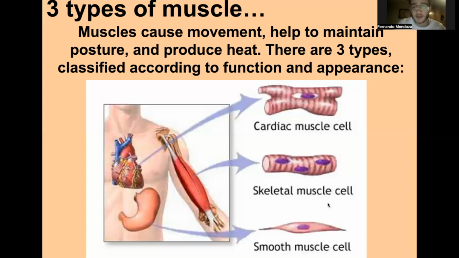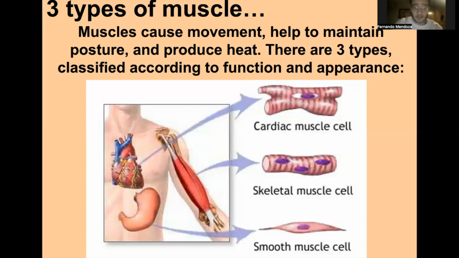But why is the cardiac muscle cell a combination of these two? Well, it's a combination of the smooth muscle cell because it's for an organ. So every organ is going to have this smooth muscle cell.